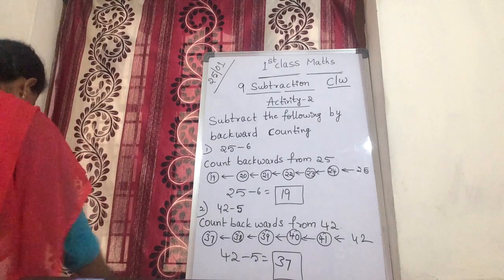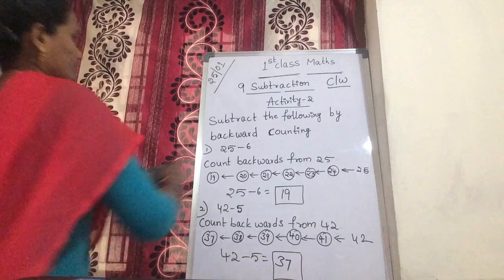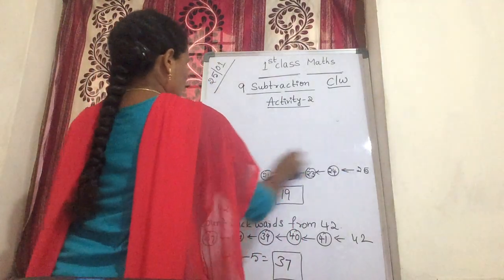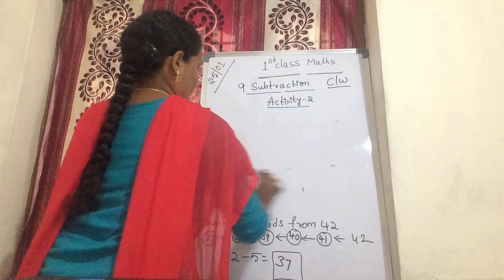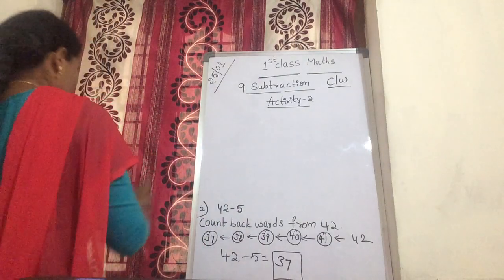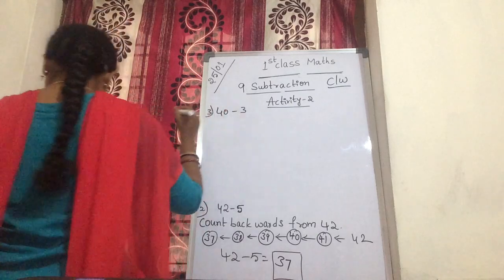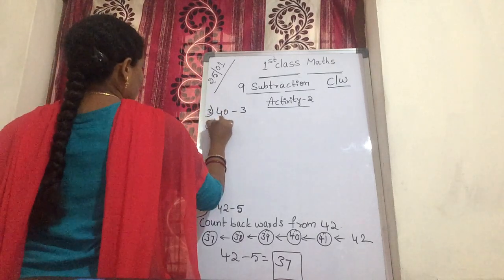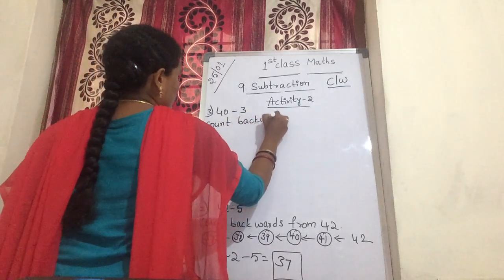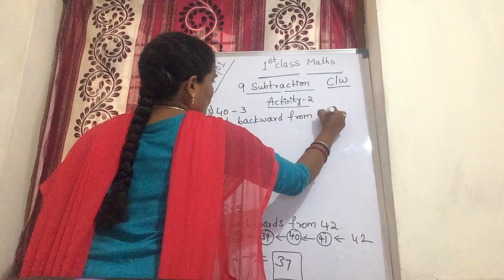Now next one more. 40 minus 3. Now count backward from 40.